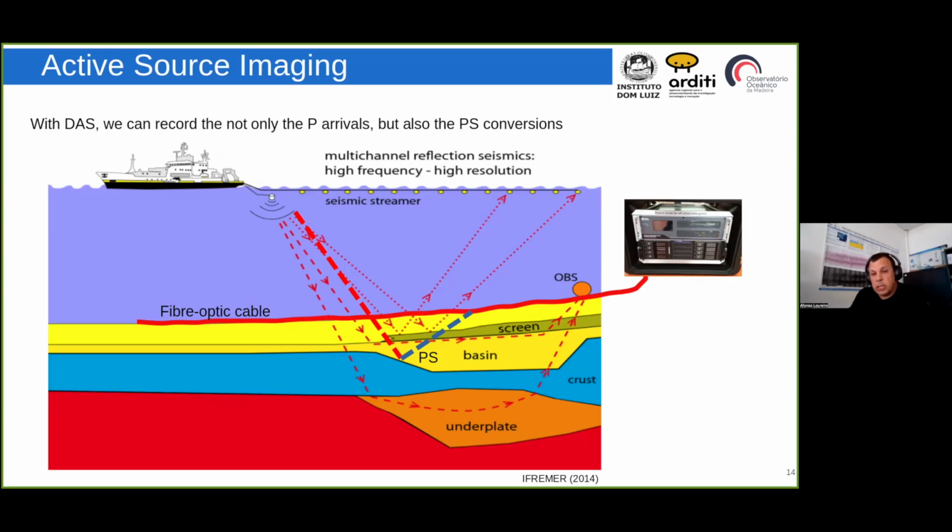If we use OBS, we can get those S wave conversions, but at a spatial sampling that is not comparable to the fiber optics. 10 to 15 kilometers between each OBS instead of tens of meters for the fiber optic cable.